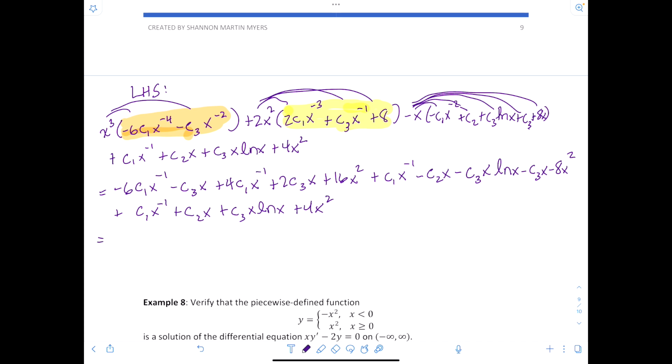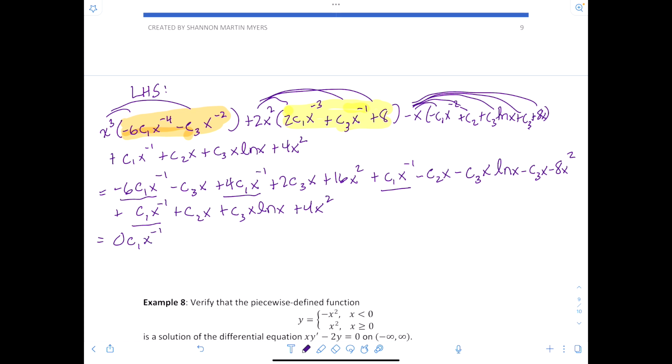That will equal, so a lot of stuff is going to zero out. So we have negative 6 c1 x to the negative 1 plus 4 c1 x to the negative 1 gives us negative 2 c1 x to the negative 1. Then we have a positive here. Now it's negative 1. So I'm looking at this one, this one, this one. And then we have another one here, which is 0. The c1 x to the negative 1s are just 0.